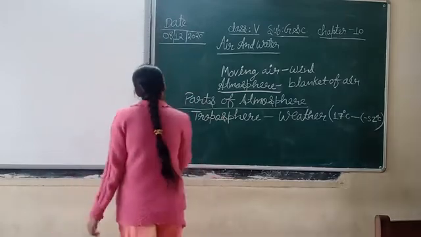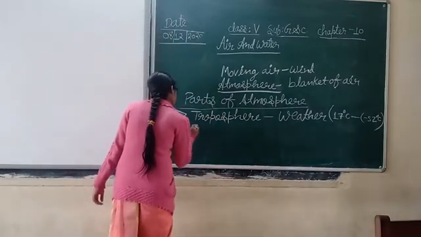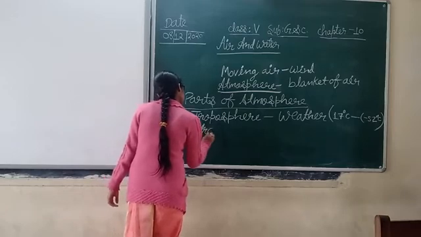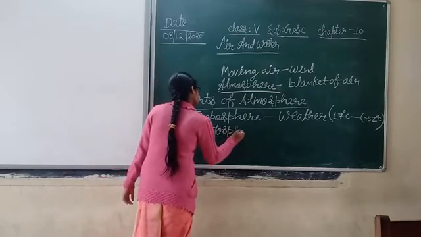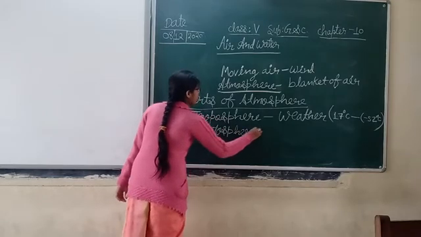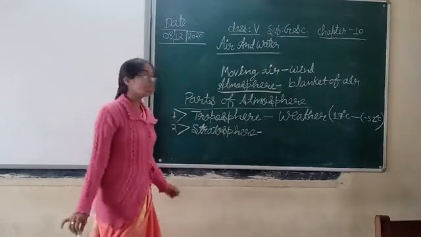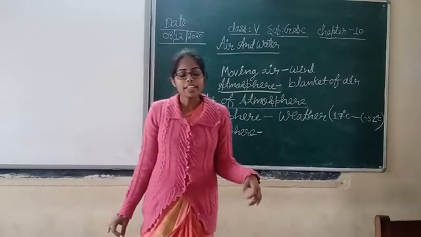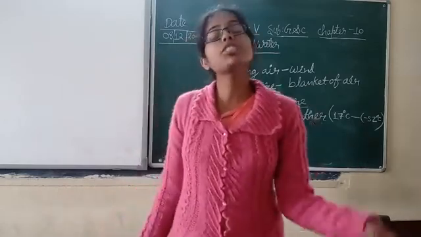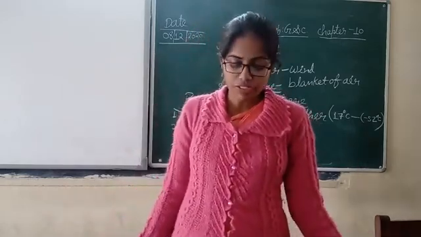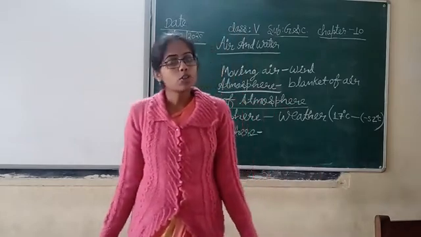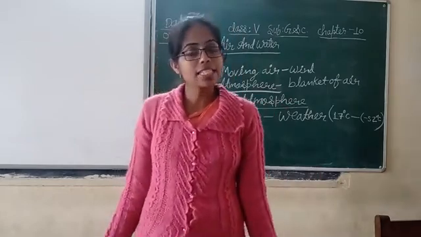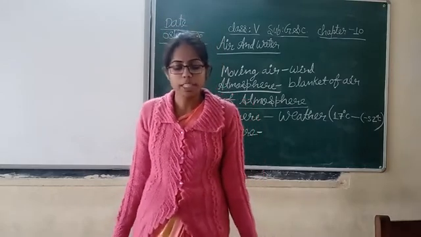The next layer is the stratosphere. Whenever you are sitting, my dear students, you need to open the book and pronounce the difficult words along with me. Stratosphere. It starts just above the troposphere and extends up to 50 kilometers.